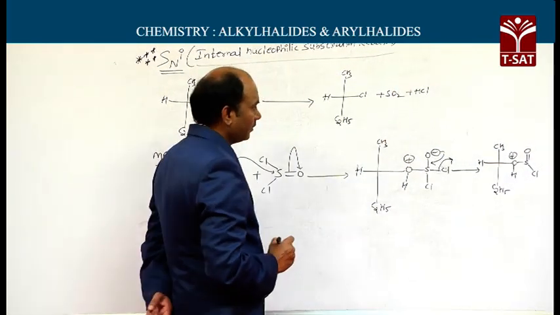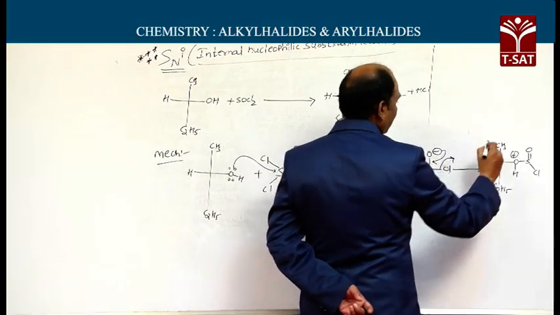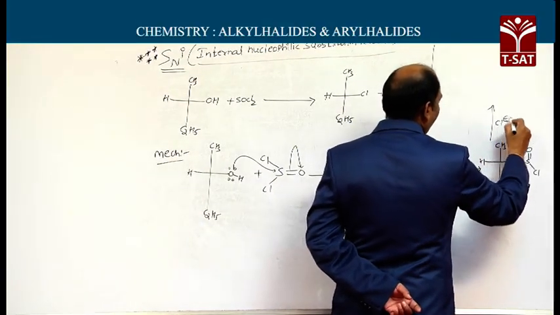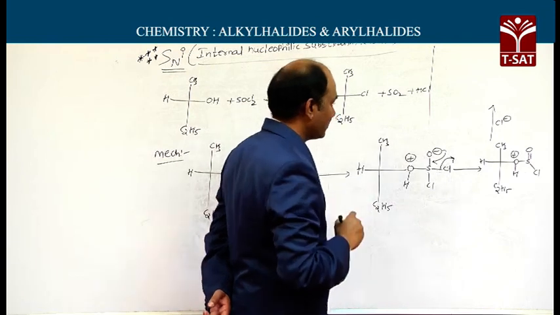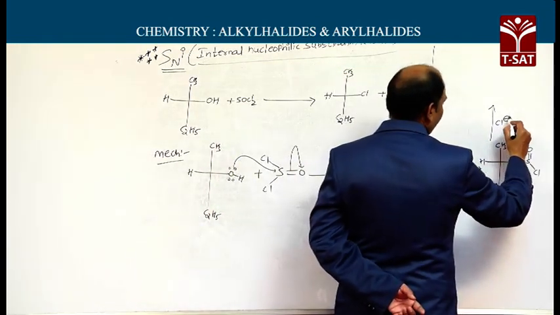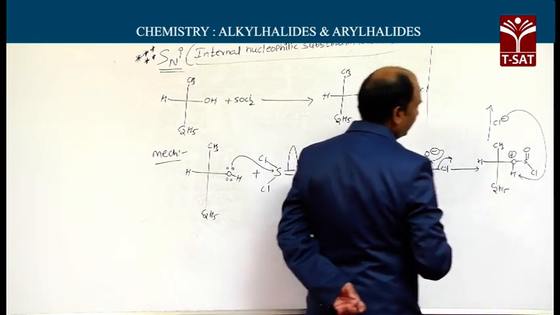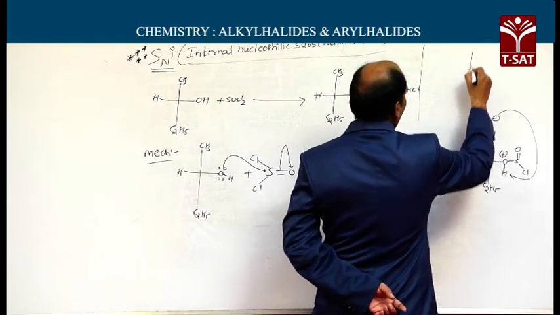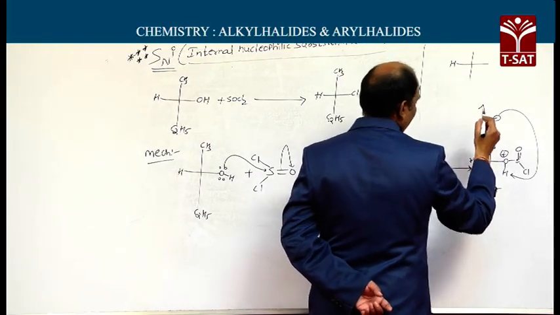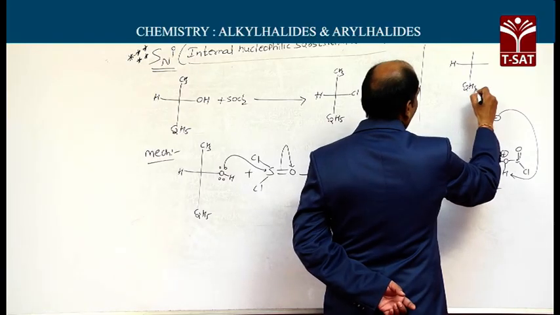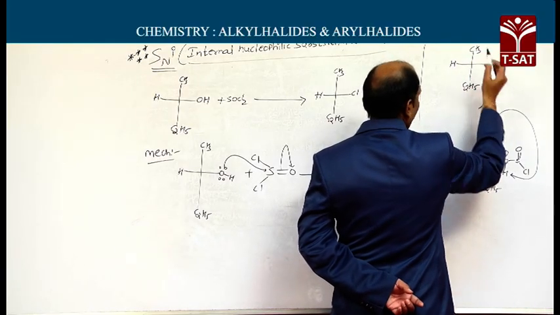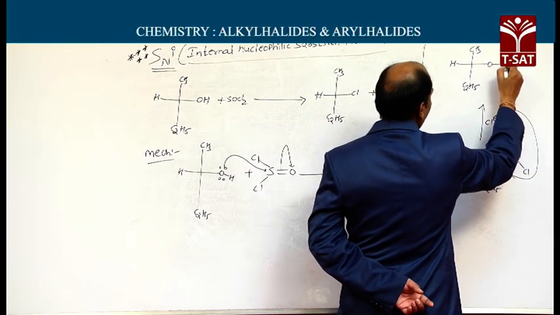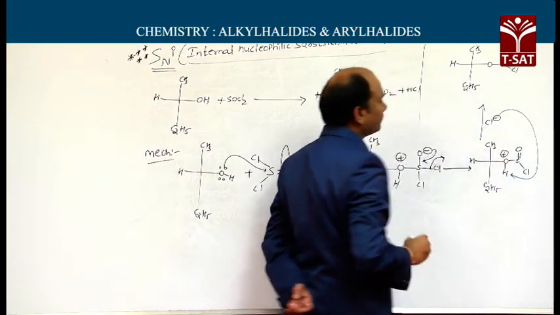Then the eliminated Cl minus takes away this H plus. Now this is converted into the compound with H, C2H5, CH3, and O attached to S double bond O, Cl.